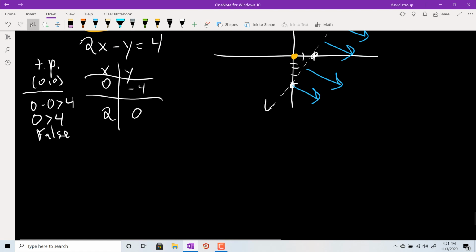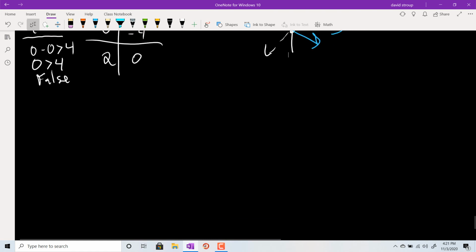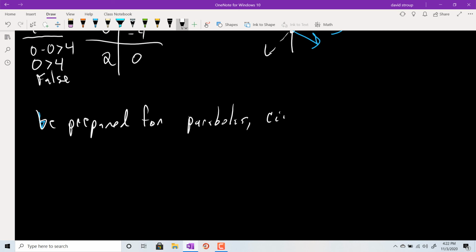Okay, let's look at a nonlinear version of this. Be prepared for parabolas, circles, and exponentials. Parabolas are things like y equals x squared minus 1.